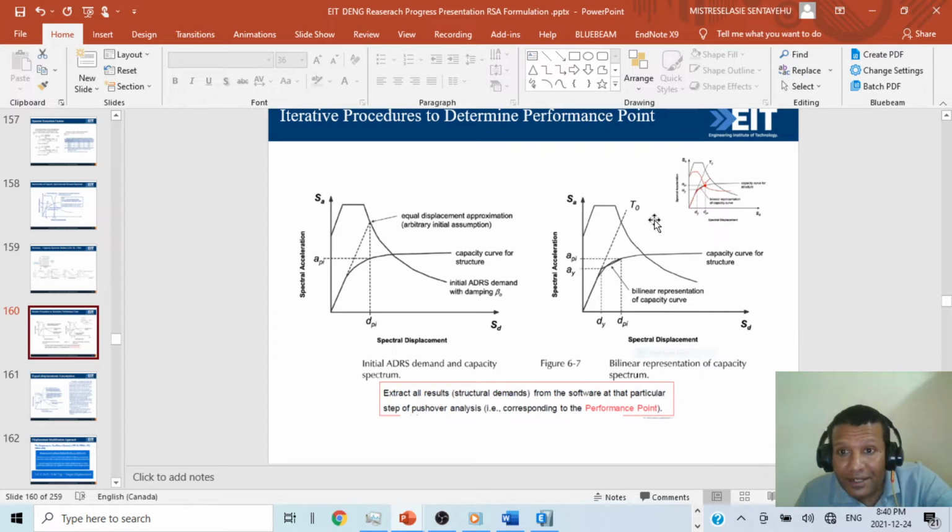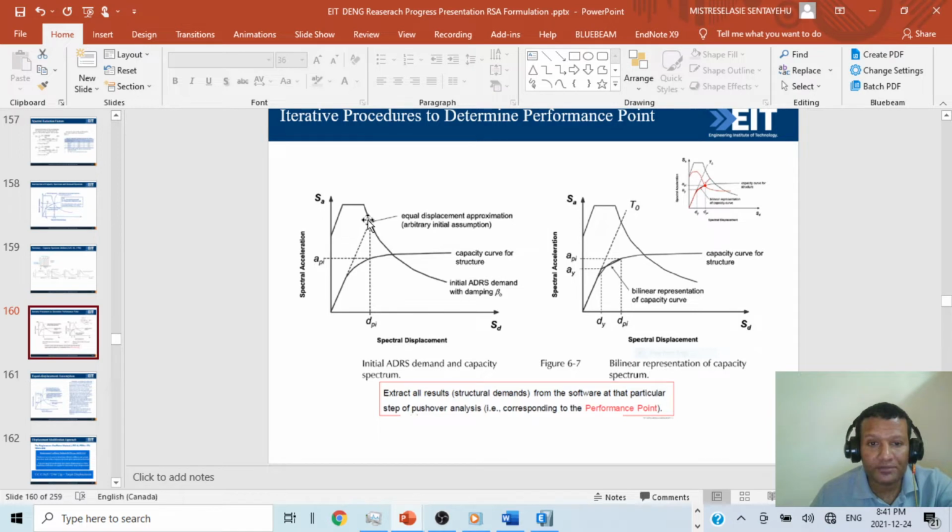If the demand curve passes through the point which we started with first, then the B effective is okay and the reduction factor is okay. But if the demand spectrum does not pass that point, then we have to guess another. That's why it is a trial and error kind of thing. Okay, but most of the time it's recommended to use the equal displacement approximation, because this one is the initial one.